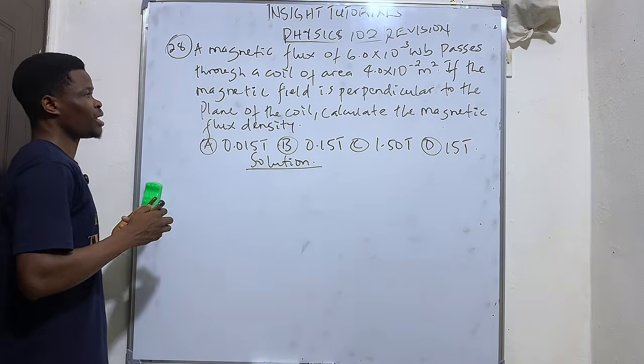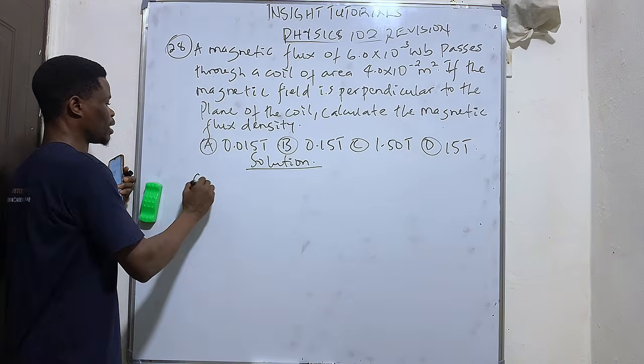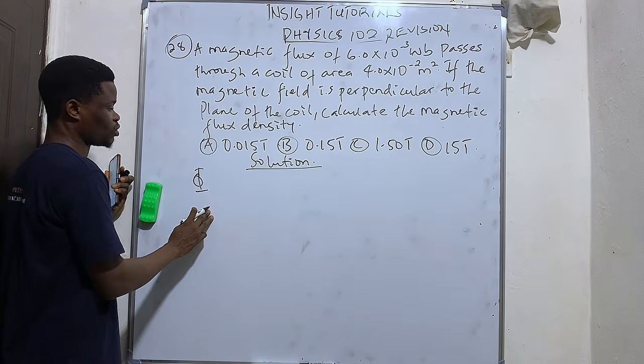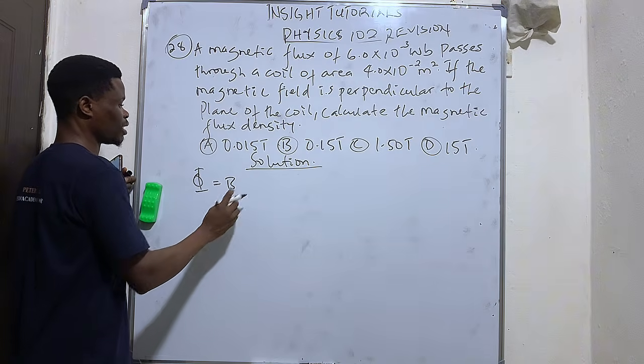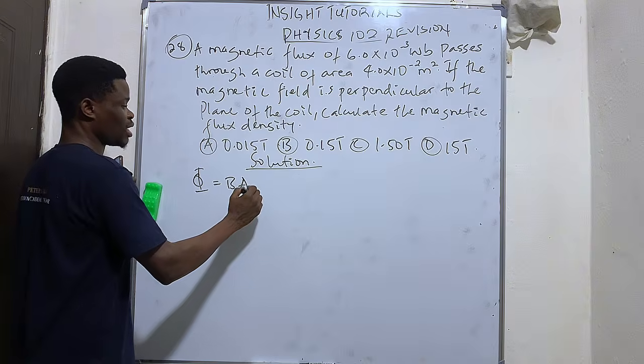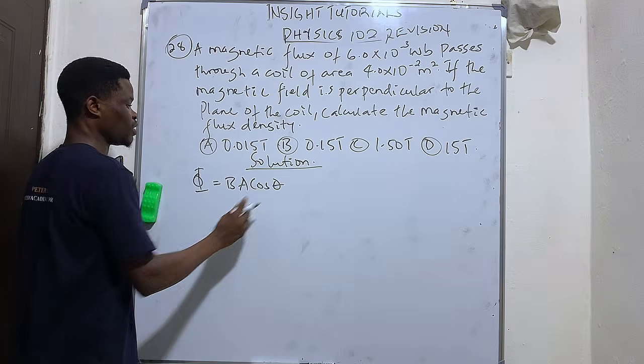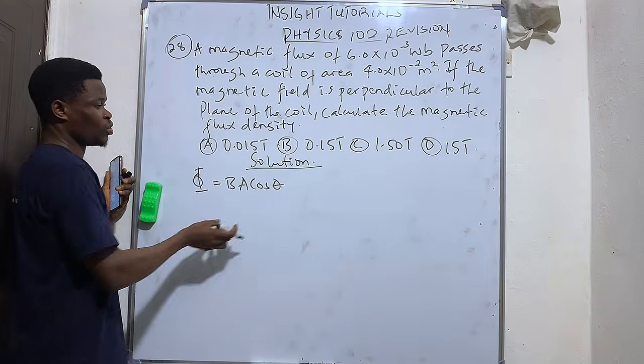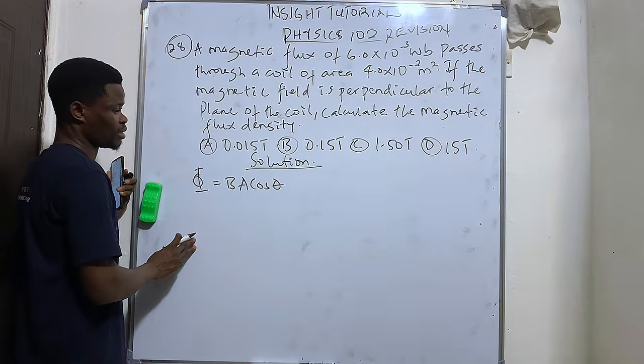So the formula for magnetic flux is equal to the magnetic flux density times the area times cos theta. Now, we have to find this particular angle.